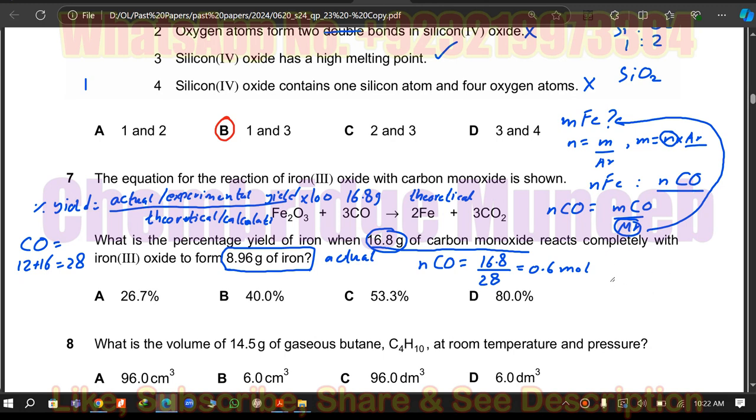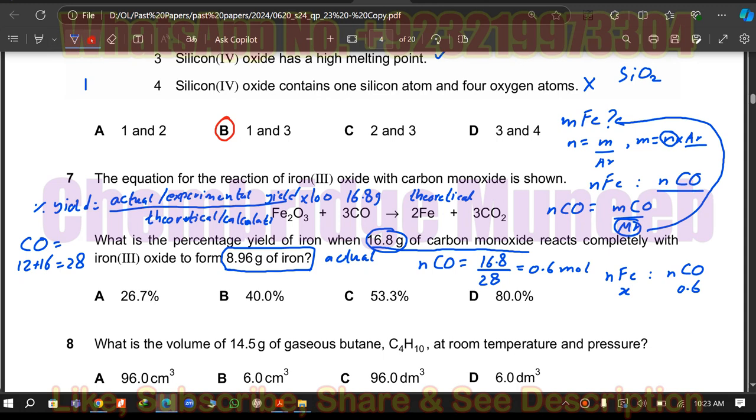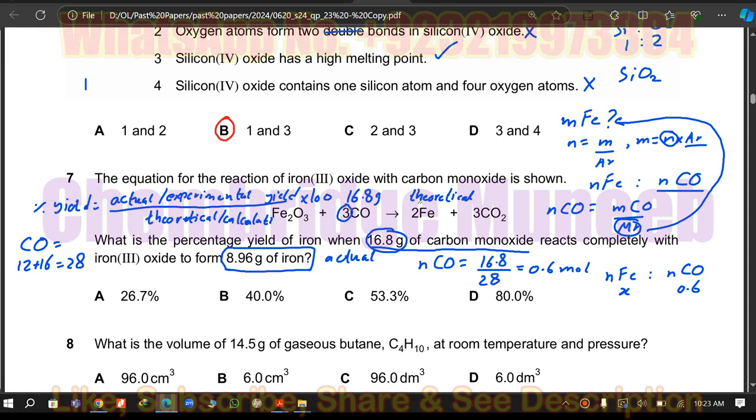We can now use the ratio method, where moles of iron is found using the moles of carbon monoxide. For this purpose we need the stoichiometric moles as well. Here the moles of carbon monoxide calculated is 0.6 mole and iron is unknown. And in the second step, we need to use the stoichiometric moles. Here you can see that the moles of carbon monoxide is 3 and the moles of iron is 2.